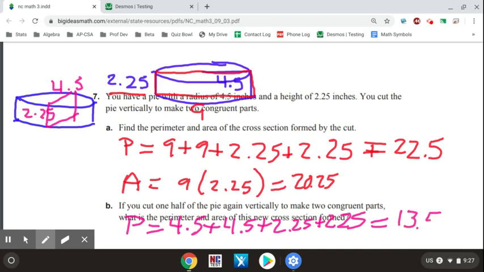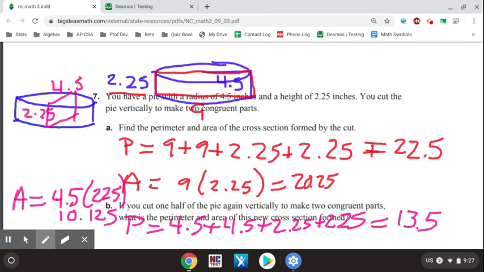And that's 13.5 for that perimeter. It's a smaller perimeter. And then the area will also be smaller, because this time the area will be only 4.5 times 2.25, which would be half of what I had last time. So instead of 20.25, I think it should be 10.125.